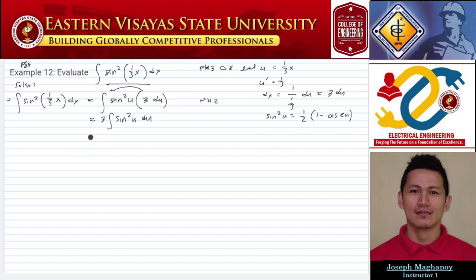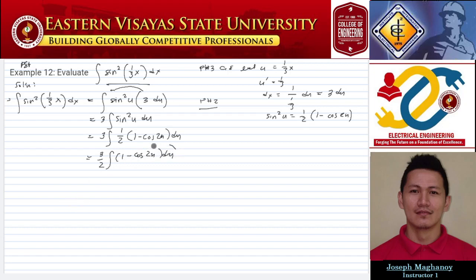Okay, so we replace our sine squared u: 3 integral of 1/2 (1 minus cosine 2u) du. So here we carry out the real number constant, applying property number 2, that is 3/2 integral of quantity 1 minus cosine 2u du.